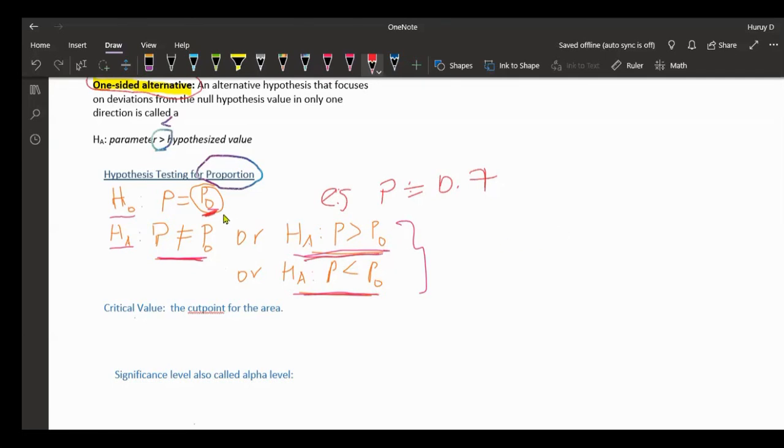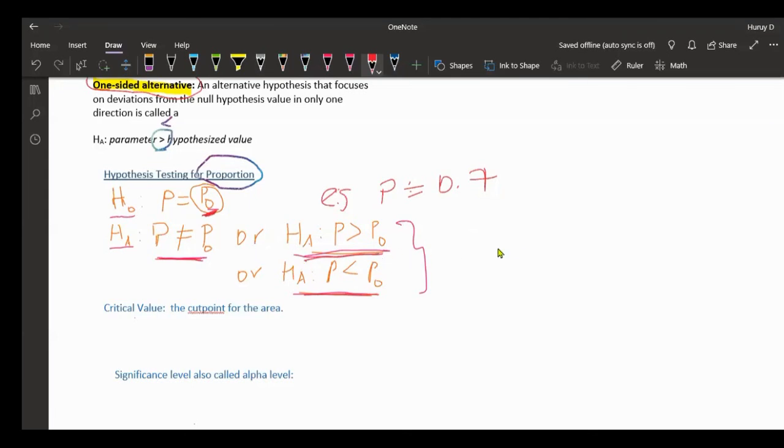And sometimes, instead of just alternative hypothesis, this one is called the researcher's hypothesis. Okay, for example, in a trial, if we consider the prosecution team as a researcher, they try to find evidence to convict the defendant.